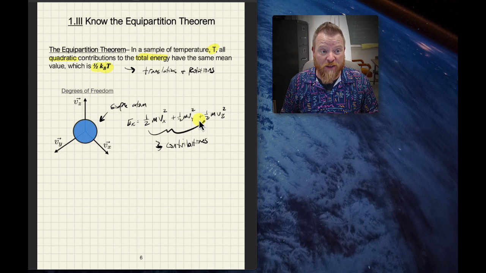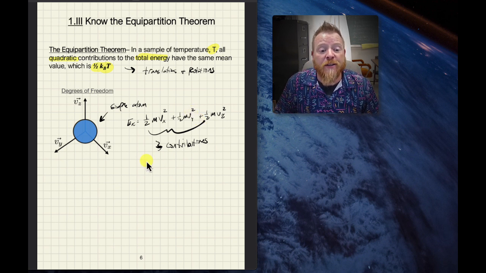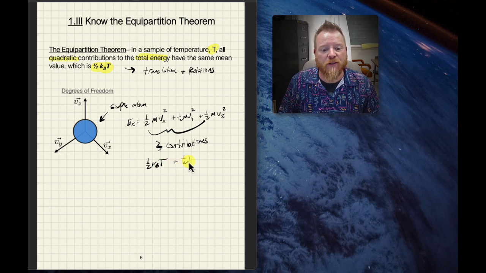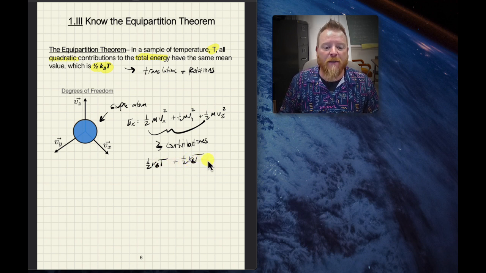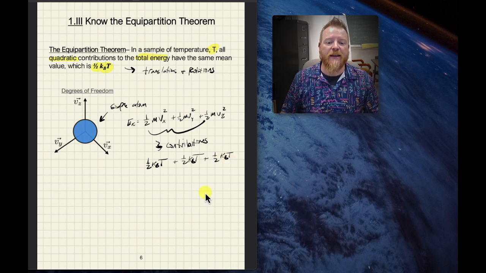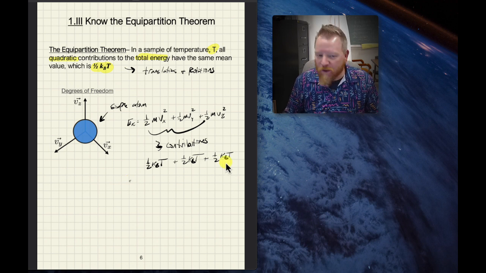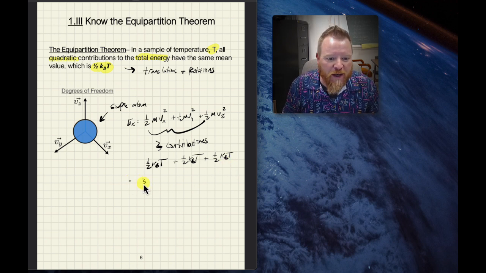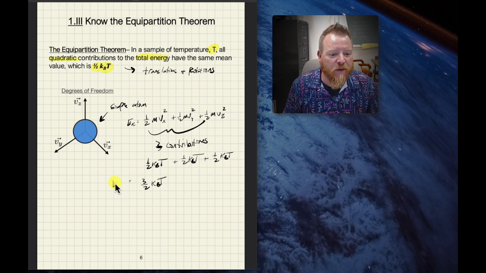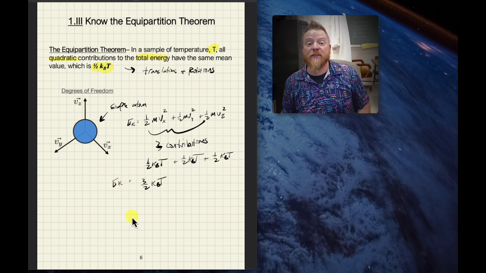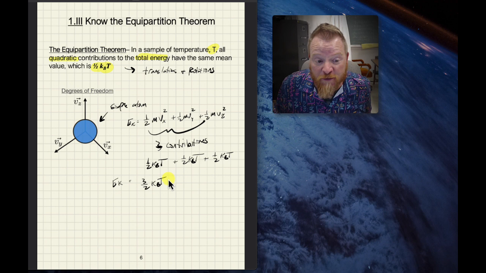Well, each one of these represents a quadratic, so that means we have 1/2 k Boltzmann times temperature plus 1/2 k Boltzmann times temperature plus another 1/2 k Boltzmann times temperature. And if we add all of those up, as you can see, we get 3/2 k Boltzmann times temperature for the kinetic energy of a simple atom as a function of temperature.